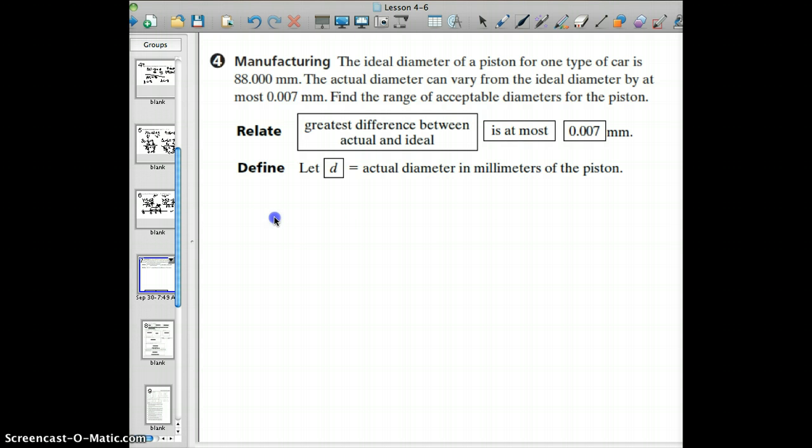So we are going to take the absolute value of the actual, and we're going to subtract 88 from that.